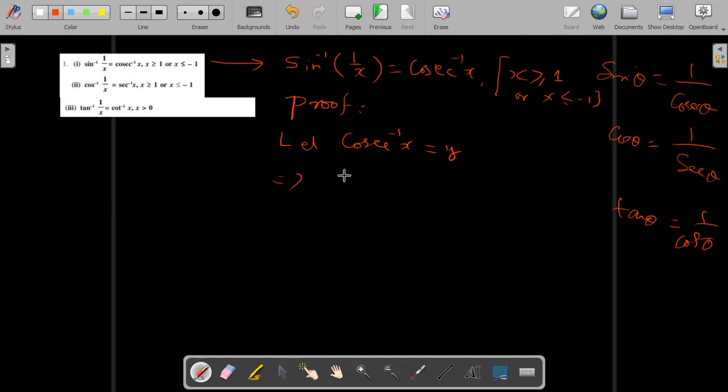Then x will be equal to cosec y. Writing in terms of sine, cosec y is equal to 1 upon sine y.